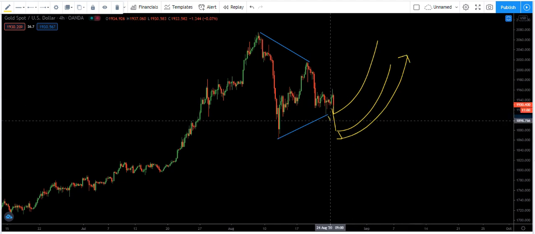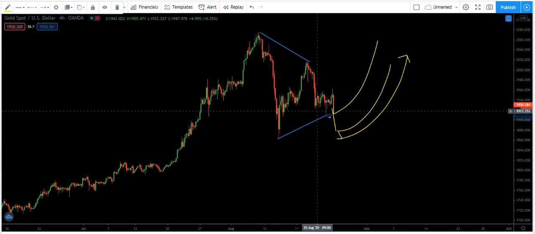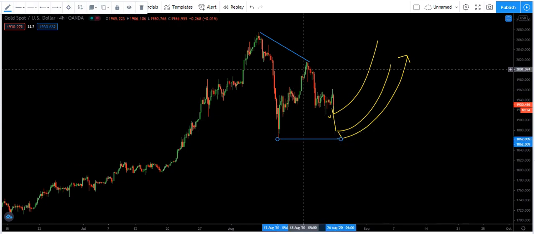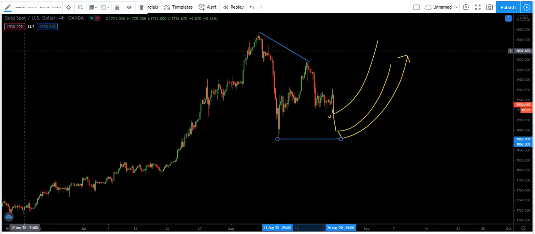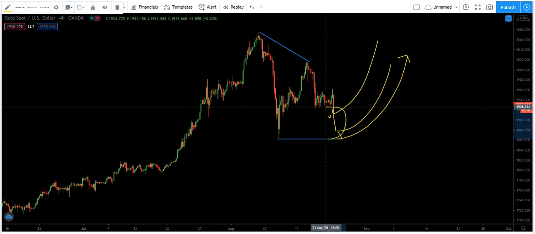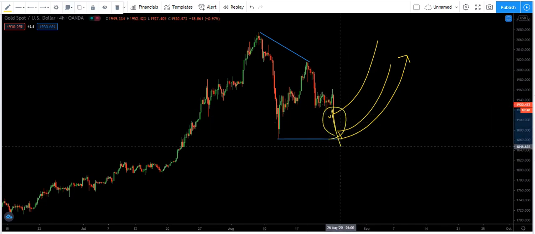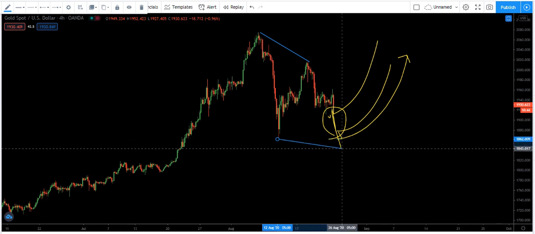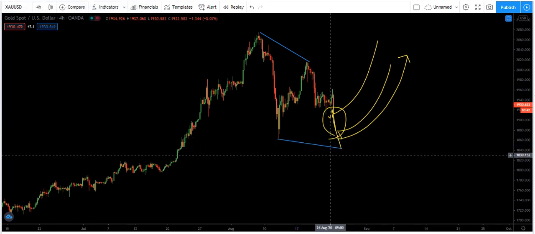This flat is similar whether the price reverses from here or here. That's why we are not sure how deep this move can go. But if the price breaks the low, then we will have a different type of flat. If we refer back to Elliott wave, you know what I'm talking about.